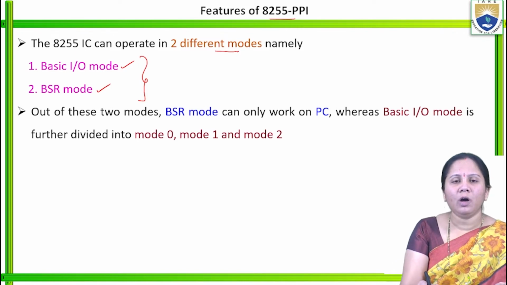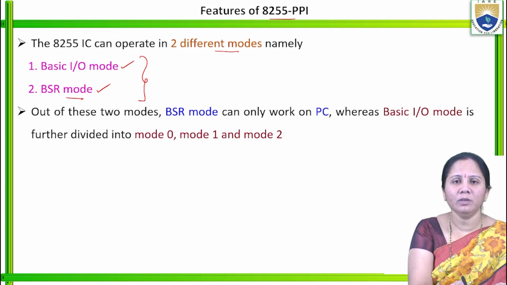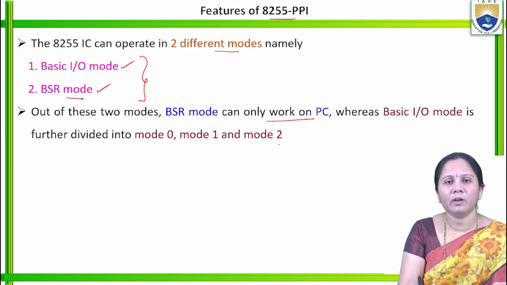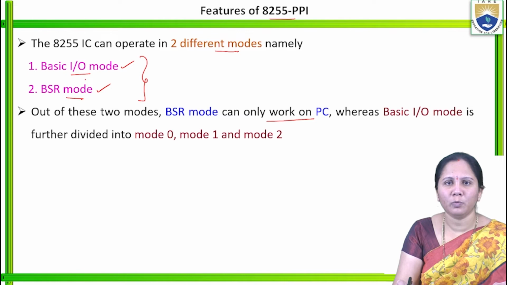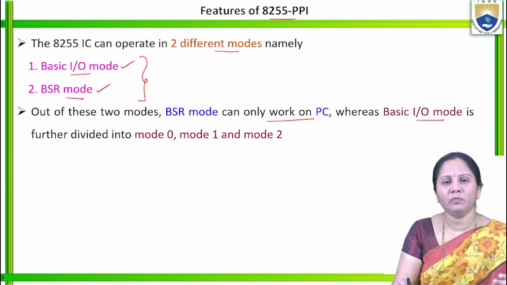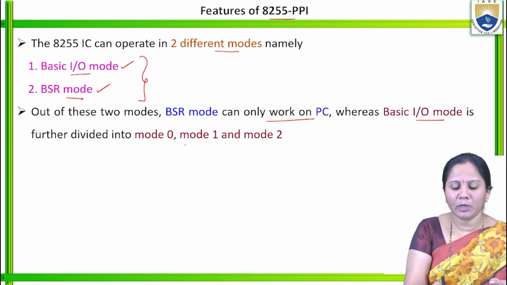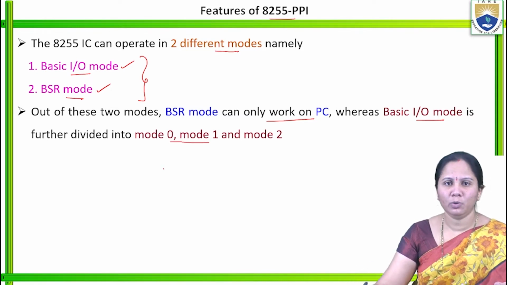Out of these two modes, BSR mode can be operated only for port C 8 bits, whereas basic input output mode is supported for all the three ports, port A, port B and port C, and it can operate in three modes, mode 0, mode 1 and mode 2.